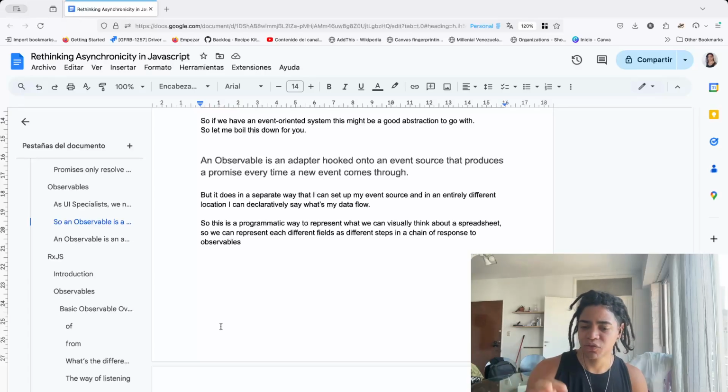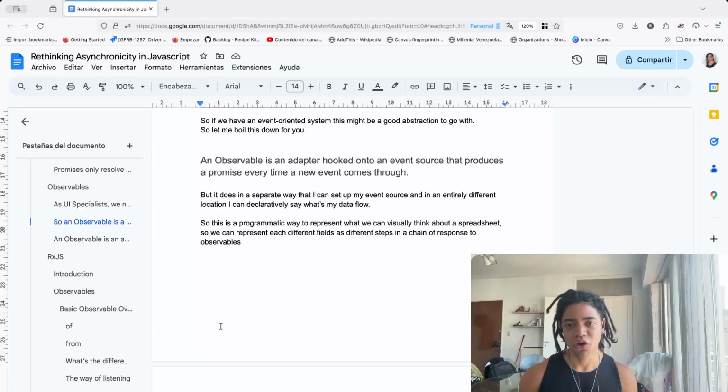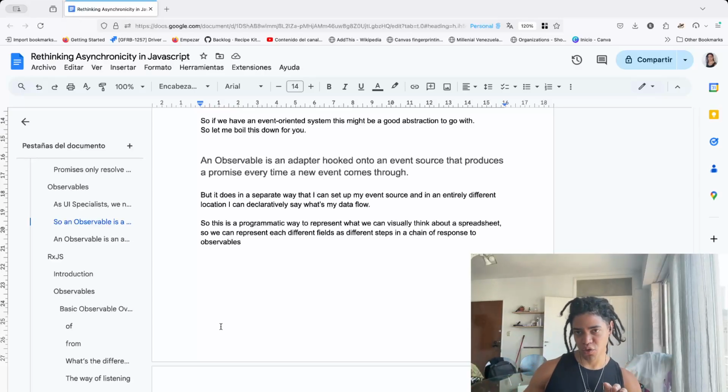That's why we're looking at RxJS, which was developed by smart folks at Microsoft, because, as you can remember from Granny Butch, those people have to handle not only monoliths but also distributed computing.